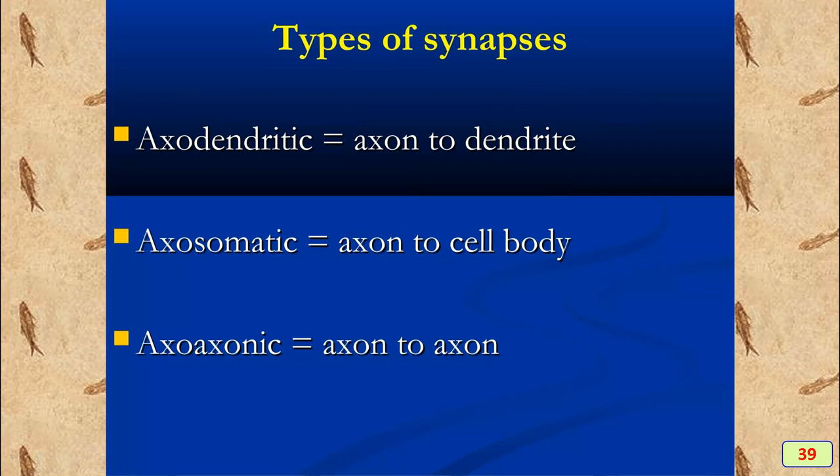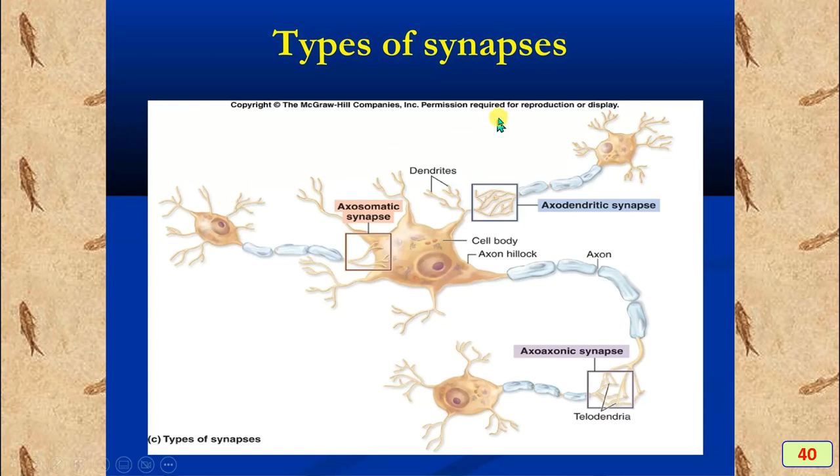So types of synapses in this image: axodendritic, axon to dendrite; axosomatic, axon to cell body; axoaxonic, axon to axon. So these are the types of synapses. Dendrite with axon is called an axodendritic synapse, and axoaxonic means an axon with another axon.